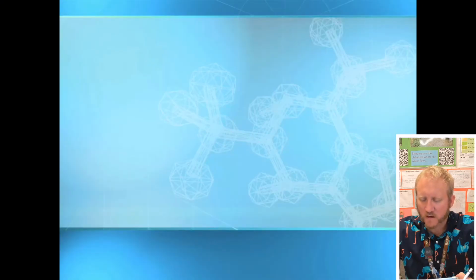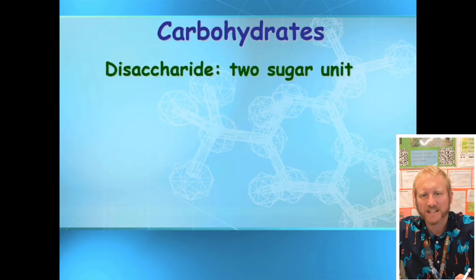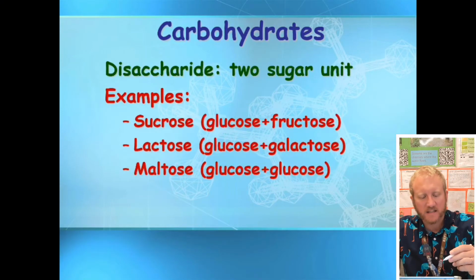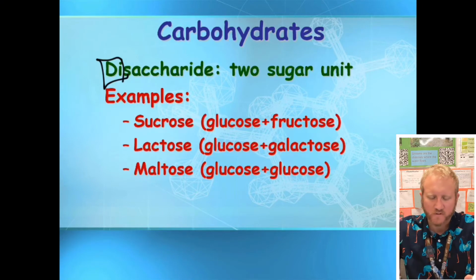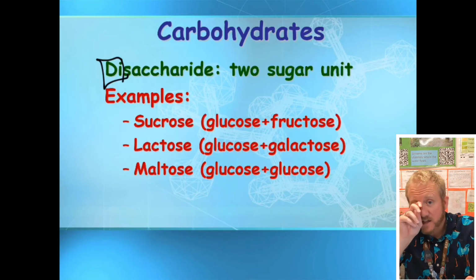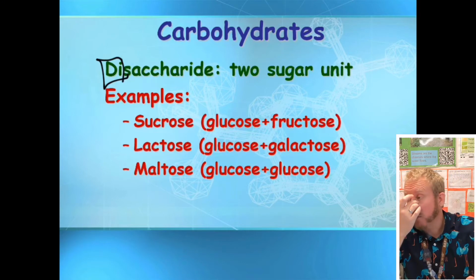Okay, you put two monosaccharides together, and you end up with a disaccharide. Di is two of something. So disaccharide, two sugars. Your examples: sucrose, that's table sugar. Lactose, that's the stuff in milk. If you're lactose intolerant, you cannot break this stuff, and it gets your insides all messed up. Maltose is an important one.